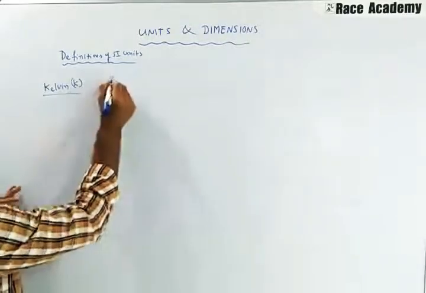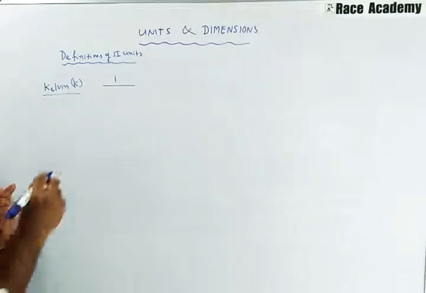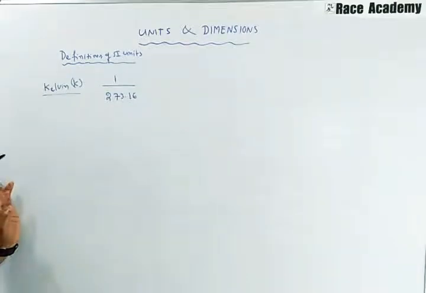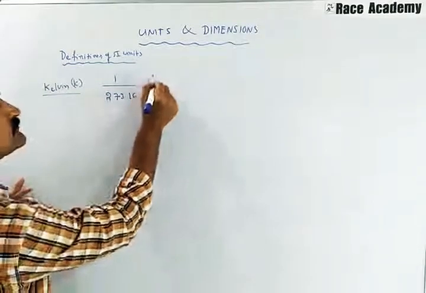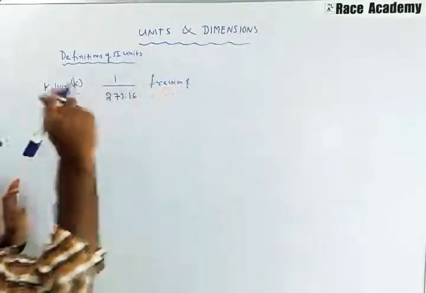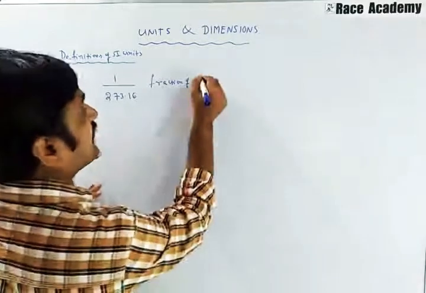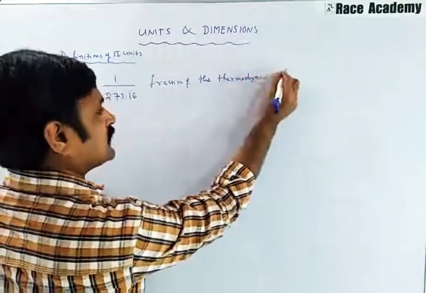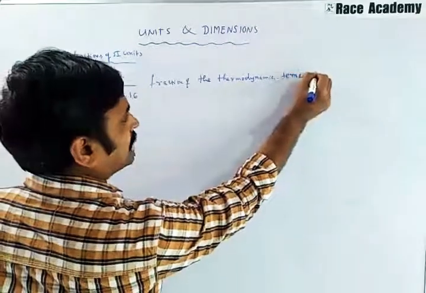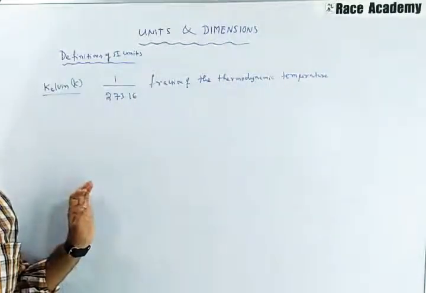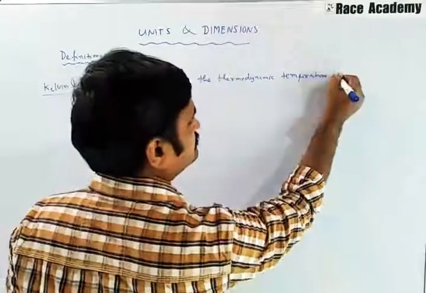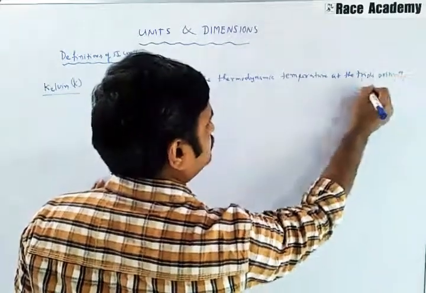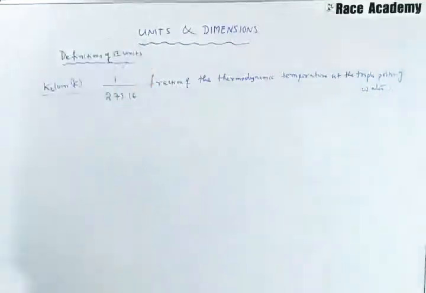Actually, it is defined as 1 by 273.16 fraction of the thermodynamic temperature at the triple point of water.